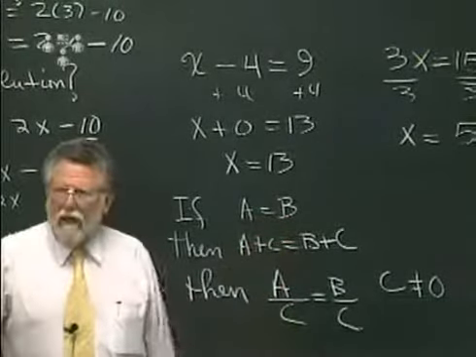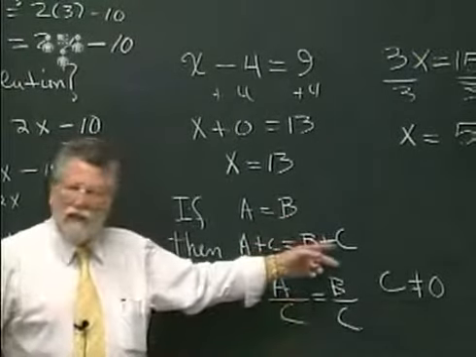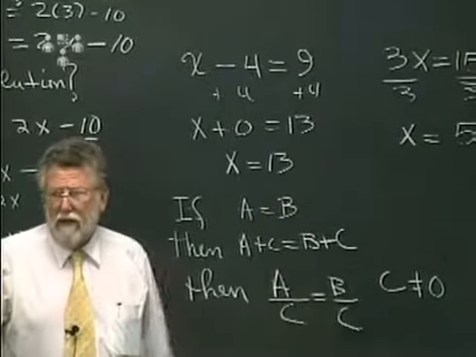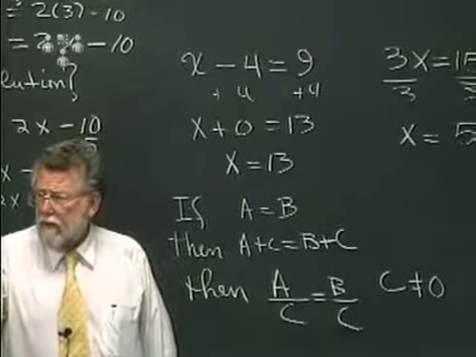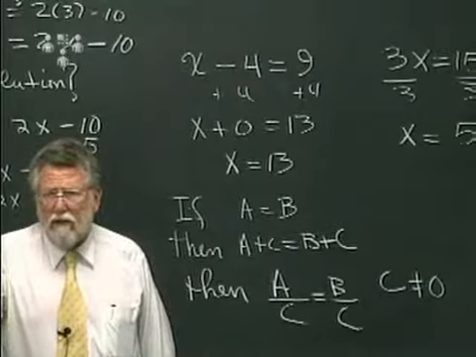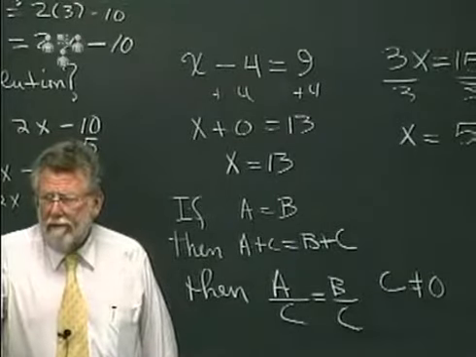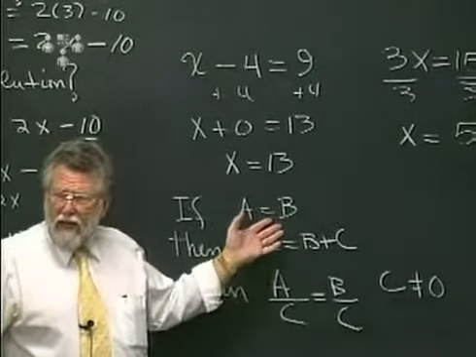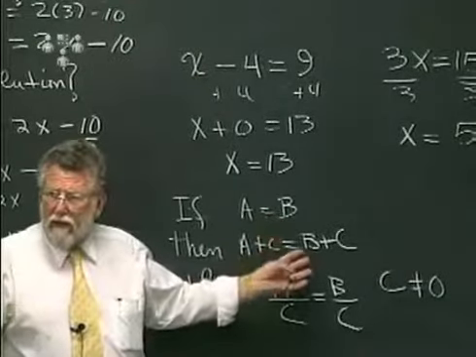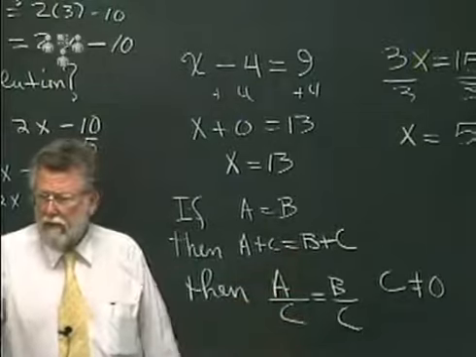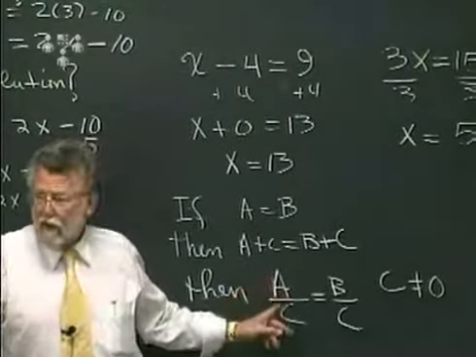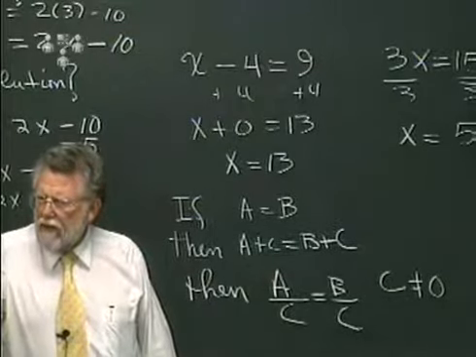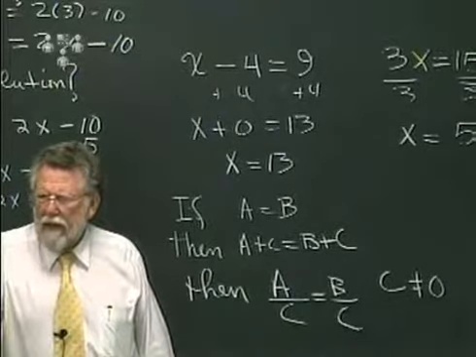A property of equality says that you can add the same thing to both sides, still equal, divide both sides by the same thing, and still equal, as long as you didn't divide by 0. That's what these two sections are about. Okay? Well-defined property of what it means to be equal with respect to addition and multiplication, because I'm really multiplying by 1 over c. Any question? Because that's an important concept in algebra that we continually come back to.